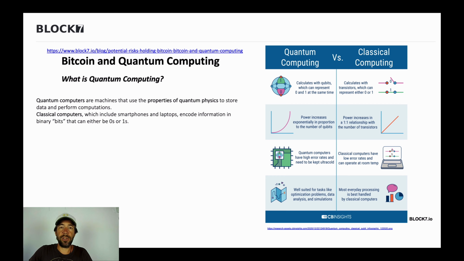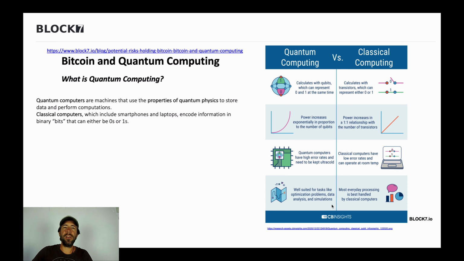Then there's disadvantages and advantages, as we talked about. Here we see the classical computer. Most everyday processing is best handled by a classical computer, and the quantum computer is well suited for tasks like optimization problems, data analysis, and simulations.